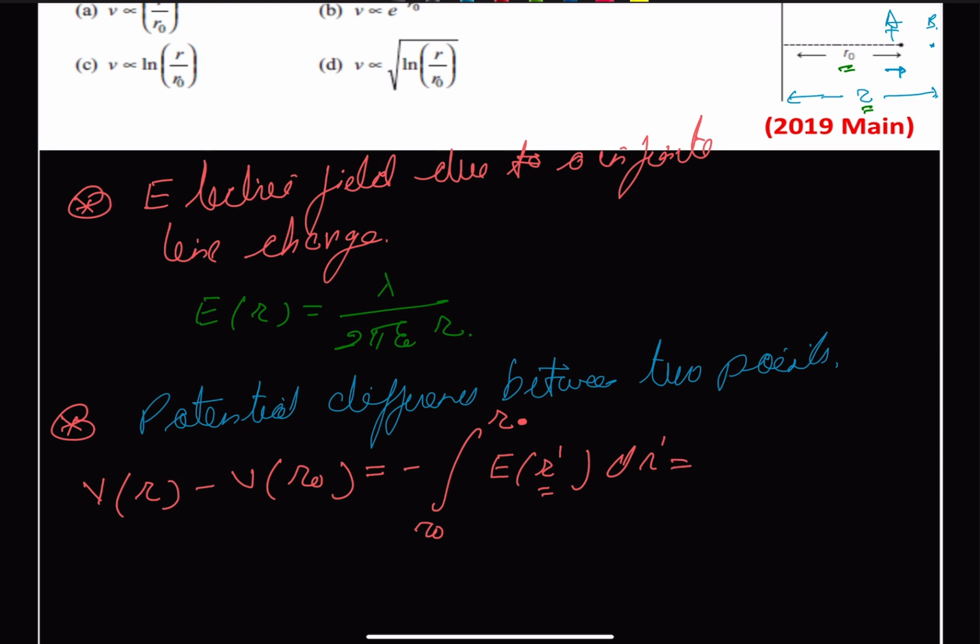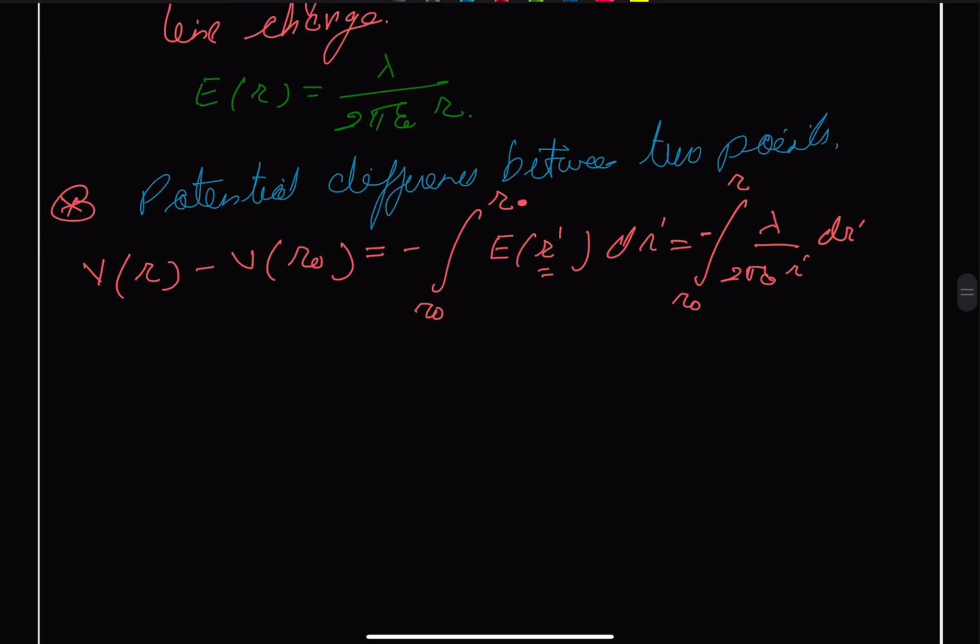So we substitute the limits r0 and r, and E of r prime is lambda upon 2 pi epsilon naught r prime. This equals minus lambda upon 2 pi epsilon naught times the integral of dr prime upon r prime, which comes as natural log of r prime, with upper limit r and lower limit r naught.